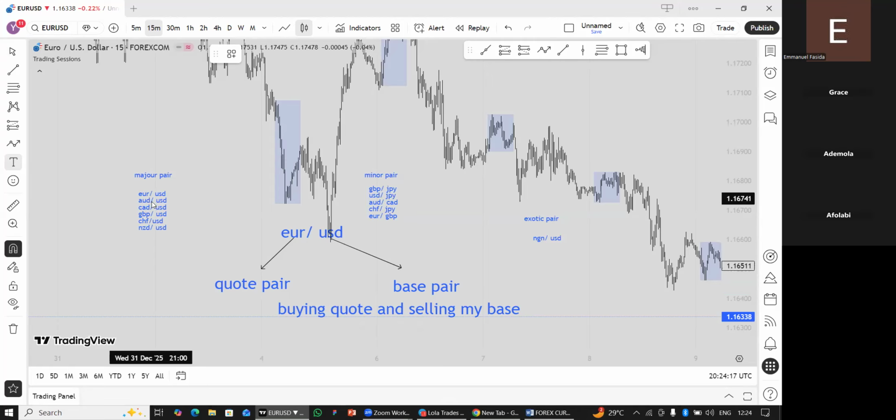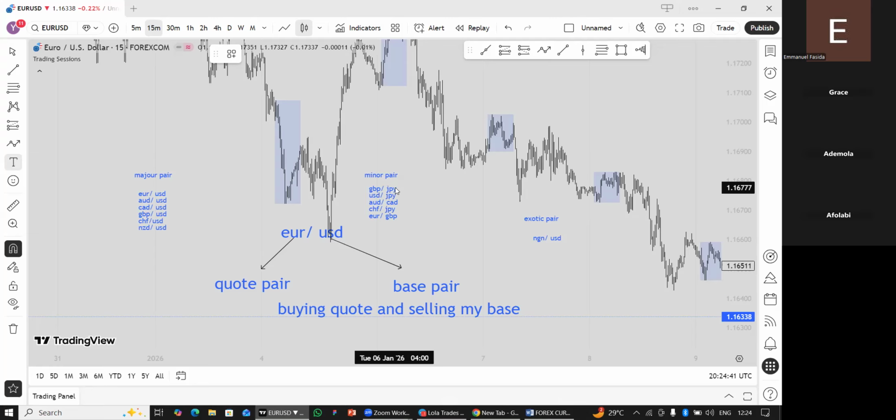For example, in AUD/USD, the quote is the AUD, the Australian dollar, while the base is the US dollar. Now let's come to a minor pair. GBP/JPY, Great British Pound and the Japanese Yen. The GBP is the quote, and the JPY is the base. Right.